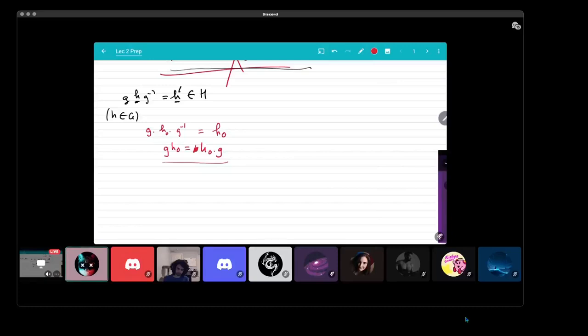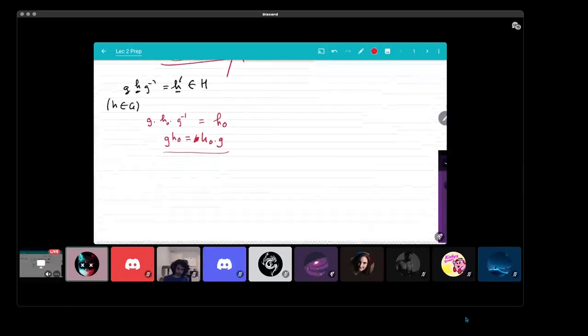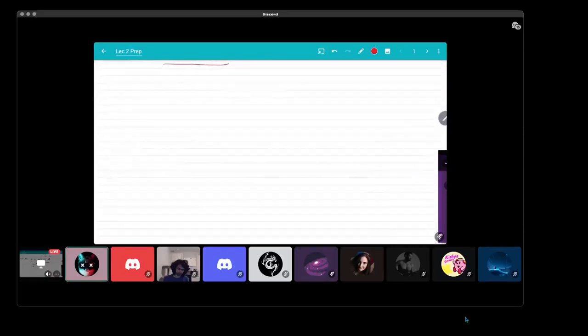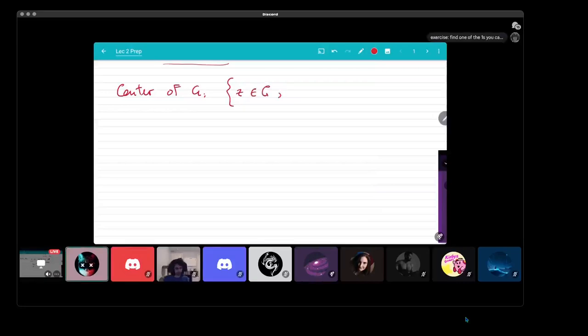And this is actually an important subgroup of any group, which is called the center of G, which is the set of elements, I'm going to call them Z, in the group, such that any other element commutes with them.